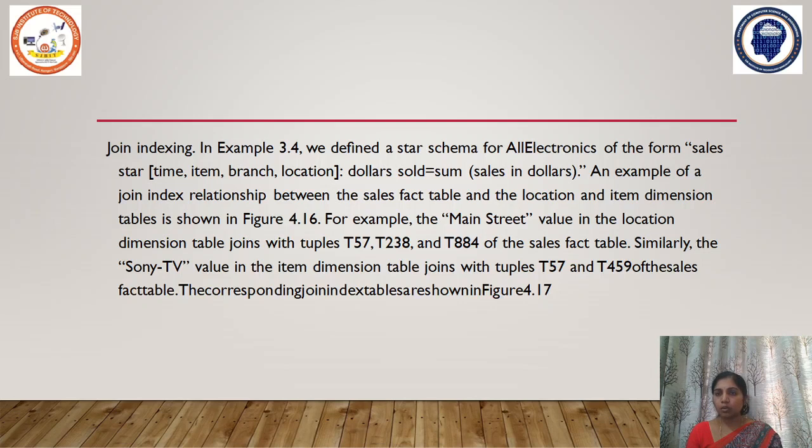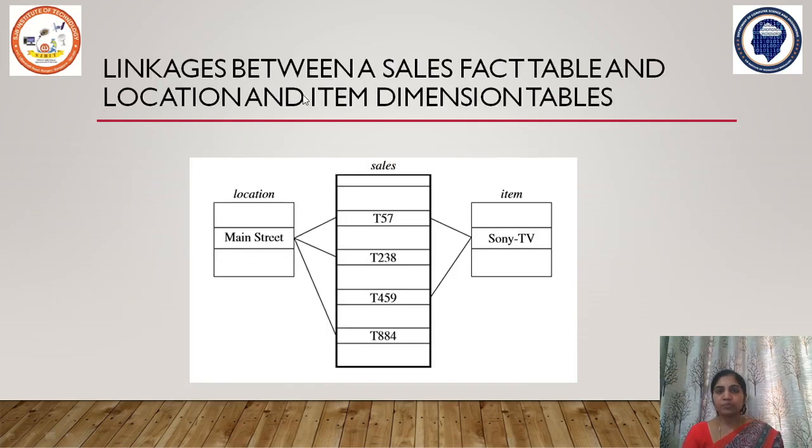Main Street is mapped to T57, T238 and T884, while T459 is not mapped. Item Sony TV is mapped with T57 and T459. This is how we represent the join index table based on the linkages between the sales fact table and the location and item dimension tables.